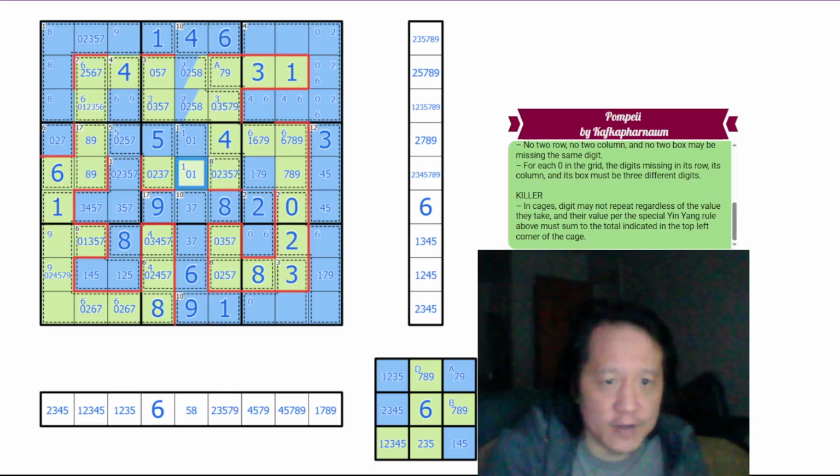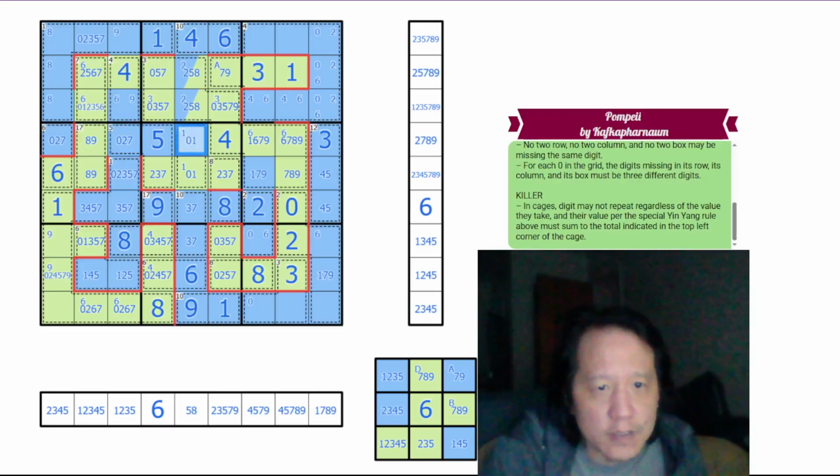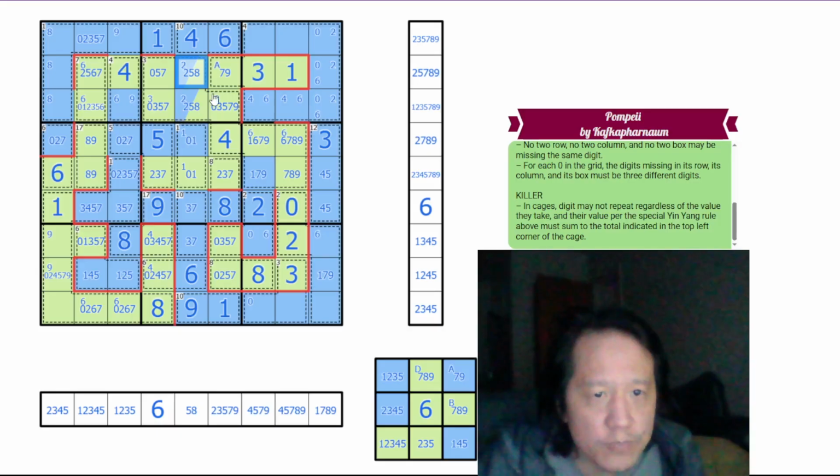So no 5 here. This is a 0, 1 pair, which eliminates 0 and 1 in the rest of the column. In the rest of the box, this cannot be 5. So 2 has to be, this can't be 5, obviously. This is a 0, 1 pair. We have to have a 5 in this box.